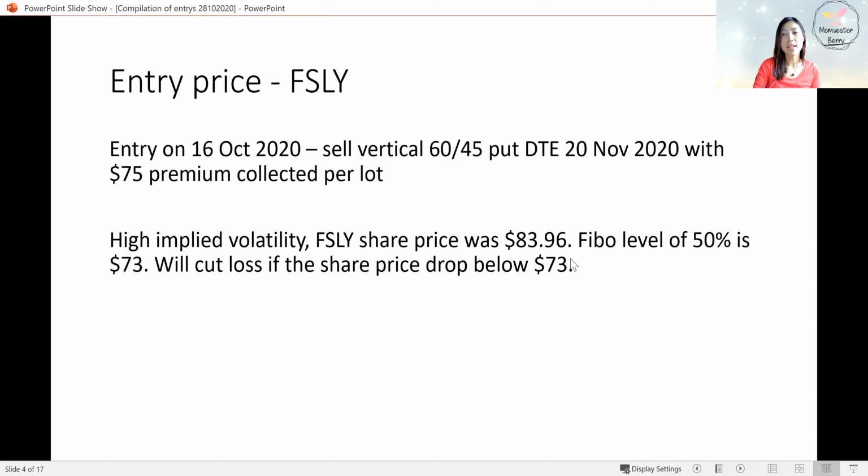Right now, the share price has dropped to $73, which is exactly at a Fibonacci level of 50%. If the share price drops below this Fibonacci 50%, I may consider to cut loss, maybe at 50% loss, right?